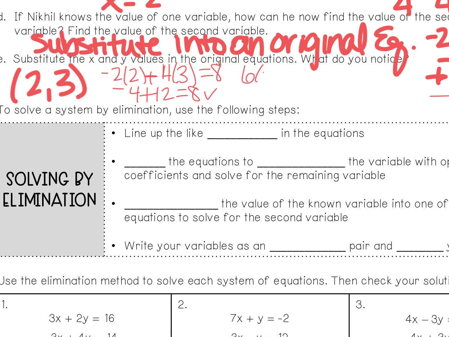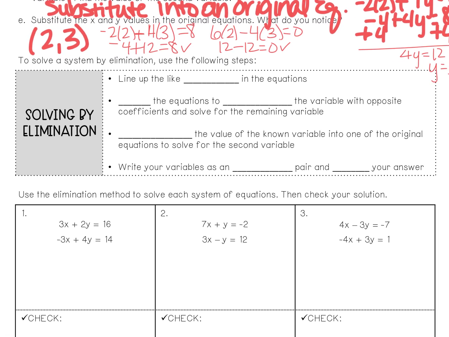And then the second one, 6 instead of x, I'm using 2, minus 4, instead of y, I'm using 3, equals 0, and I get 12 minus 12, that is in fact 0. So we're still checking it the same, it's just that first step that's a little bit different.